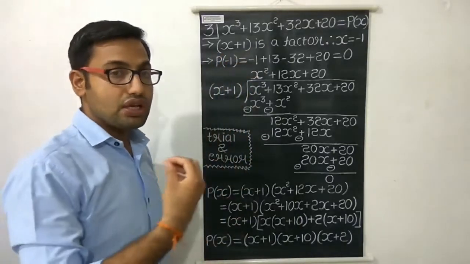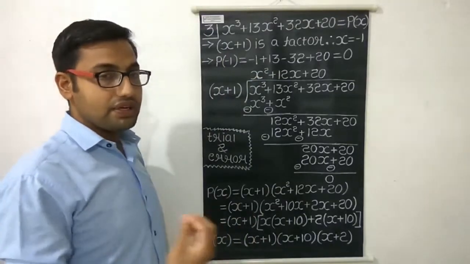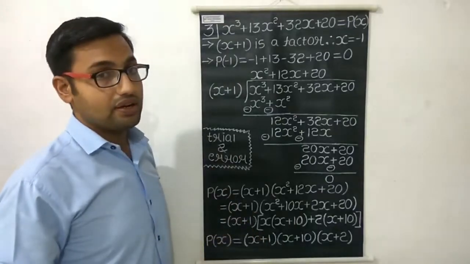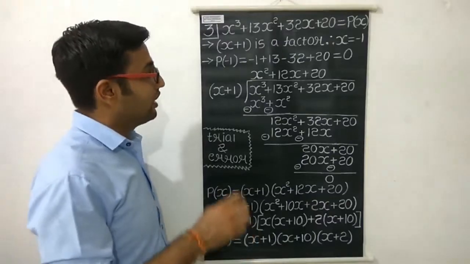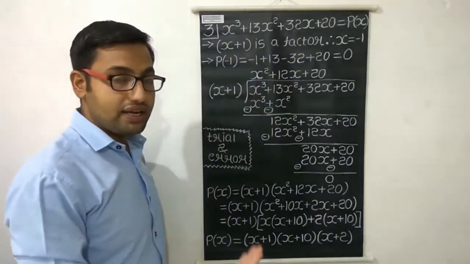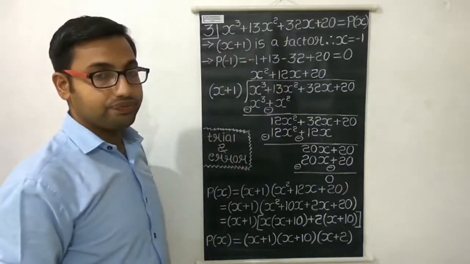We can suppose x minus 1 as a factor. Let us take x minus 1 as a factor. So what will happen if x minus 1 is a factor? We know that according to the factor theorem, if x minus 1 is a factor of this polynomial, then by dividing by x minus 1, the remainder becomes 0.